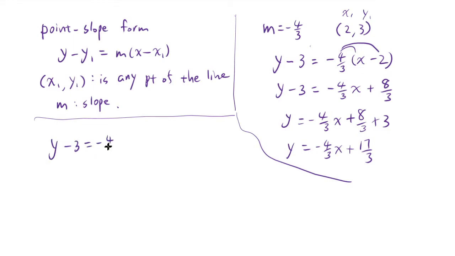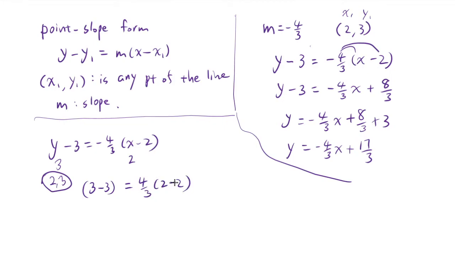First, we have to verify that this does pass through 2, 3. As I said before, if I plug in 2 into x and 3 into y, if indeed 2, 3 is on this graph, it must satisfy the equation, right? Once you plug in the values, you immediately notice that 3 minus 3 is 0, and 2 minus 2 is 0.